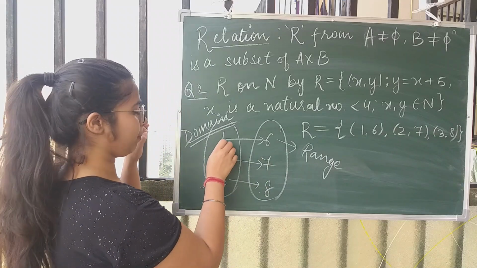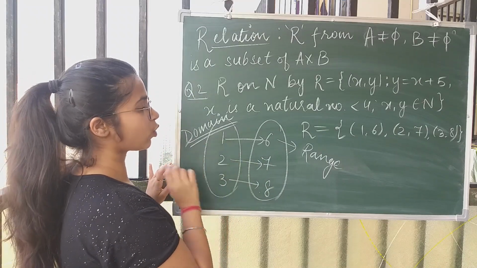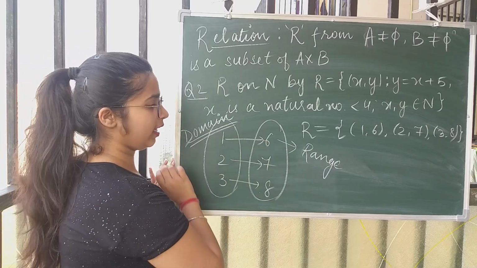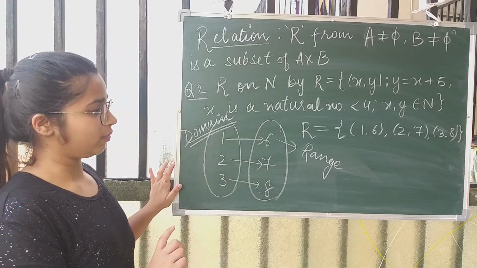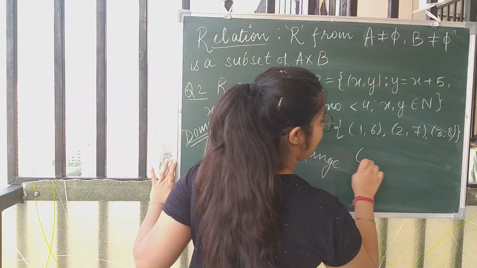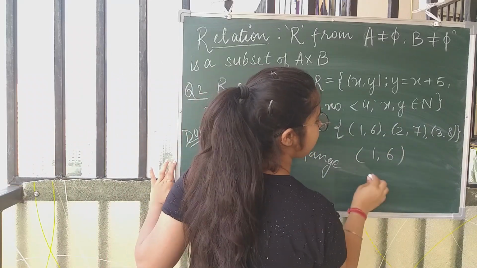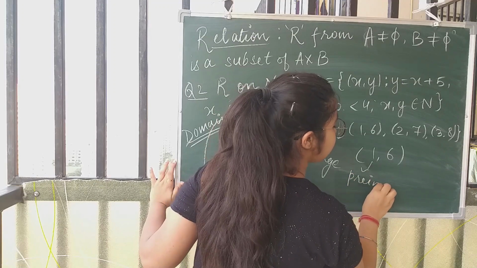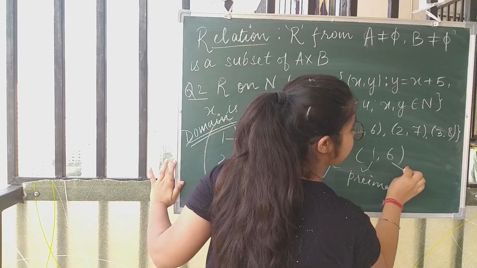So हर ordered pair में the first element is called the pre-image of the second element and the second element is called the image of the first element.